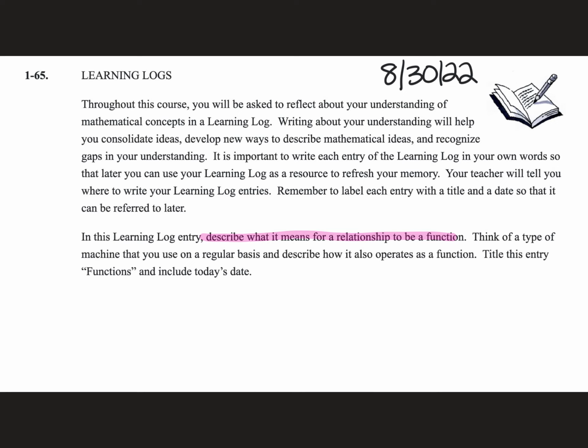But I do want you to spend the next few minutes writing this learning log. As a goal, I want you to have at least 4 ways that you can tell if something is a function. So you should have 4 ideas here. How can you tell if a relationship is a function?